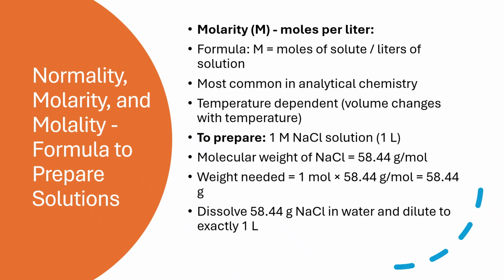So the weight needed is 1 mole into 58.44 gram per mole, which is equal to 58.44 gram. Thus you dissolve this much NaCl in water and dilute it to 1 liter. And thus your 1 molar solution of NaCl is prepared.